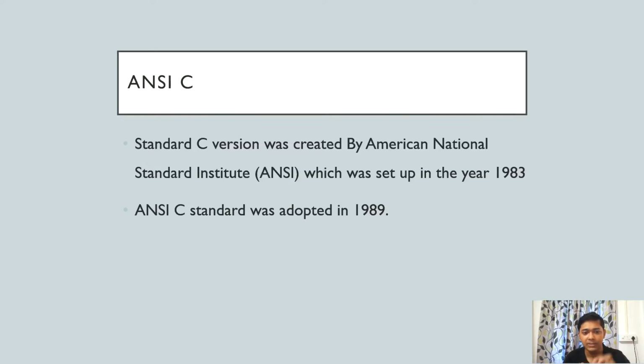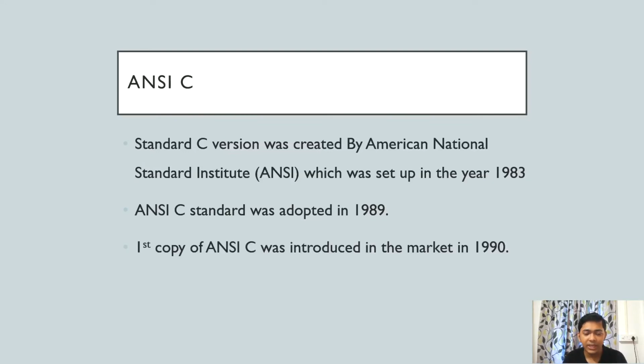Fine. Then the first copy of this standard version was available in the market in the year 1990. So first C was developed in 1972, the standard version was adopted in 1989, and it was available in the market for users in the year 1990.